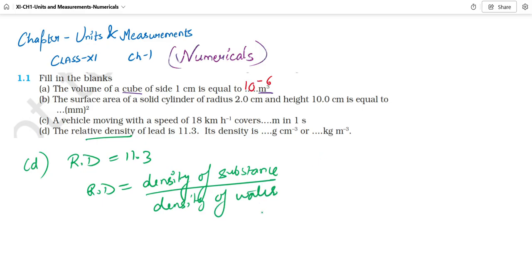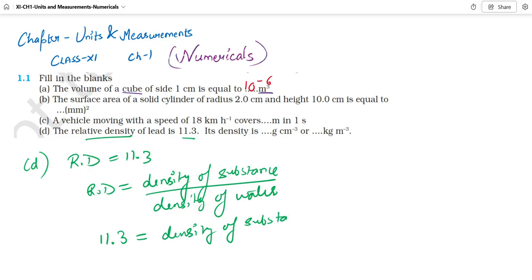So if I take density of substance in gram per centimeter cube, and I take density of water, let's take this example. The density of lead is 11.3 RD. So RD is 11.3. Density I need to find.